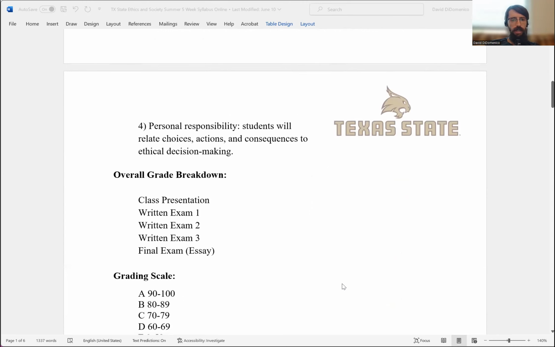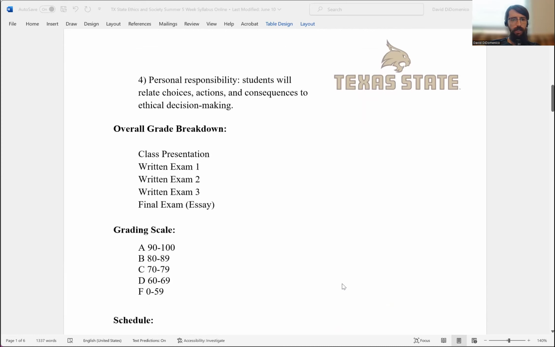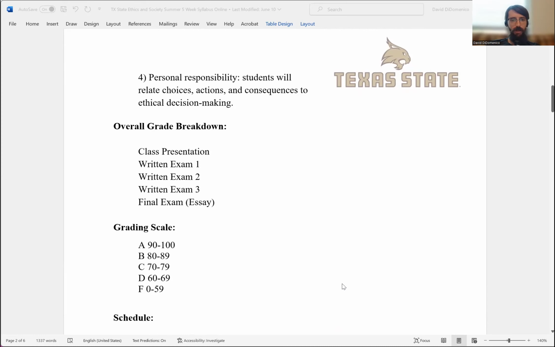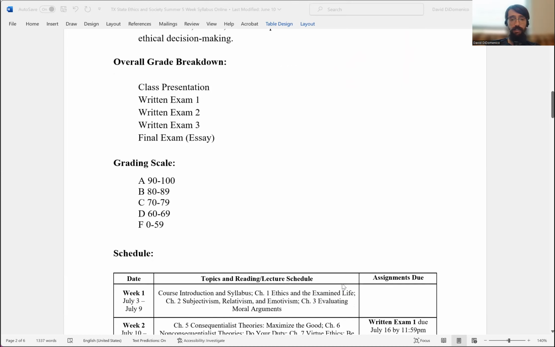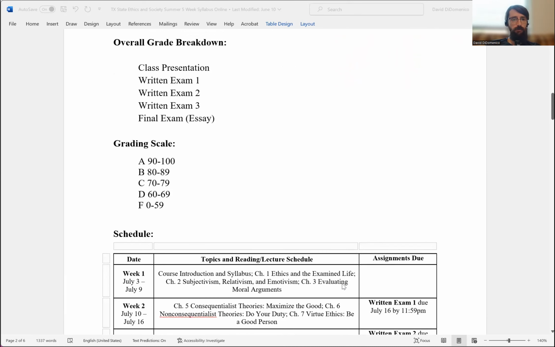And clearly, what we're going to be talking about as it pertains to ethics is going to relate to individual ethical decision-making. So hopefully you'll find some of this practically useful to you.